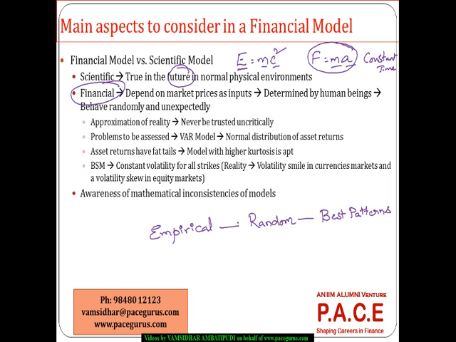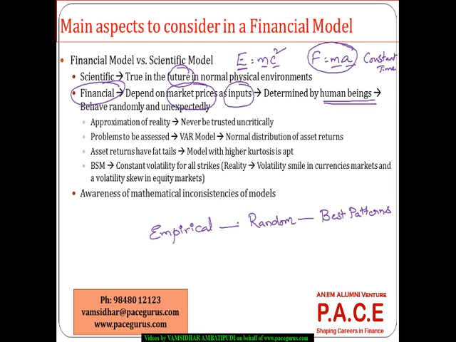So it depends on the market prices, how the market is behaving with respect to the inputs. Purely a human derived model may be applicable in some markets, may not be applicable in some markets, may change with time. A random, unexpected behavior can quite comfortably crop up in those kinds of products and markets.